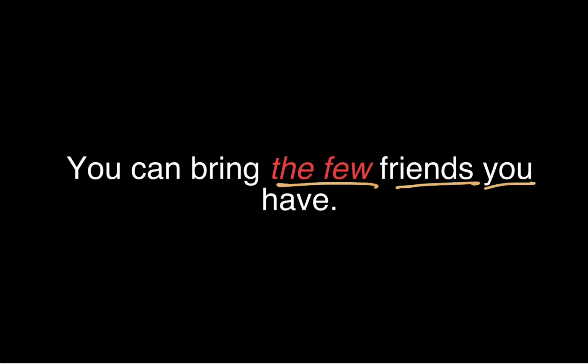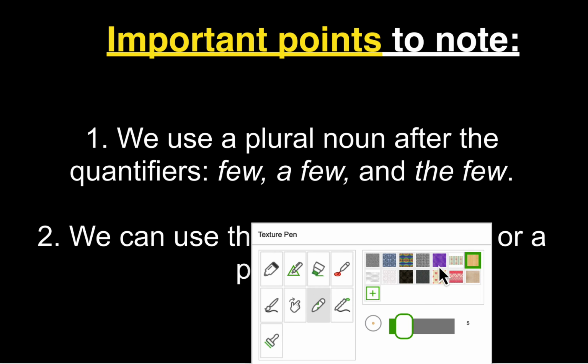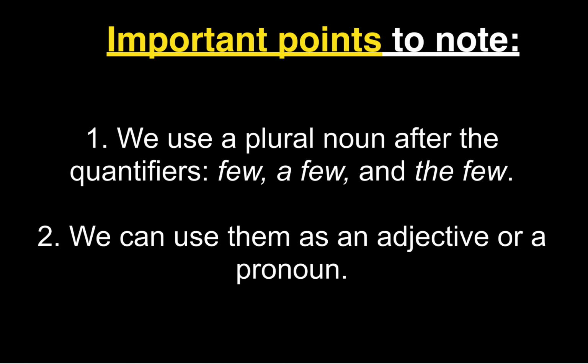All right. Now a couple of important points for you guys to note. We probably already know this, but we'll revise this again. Number one, we use a plural noun after the quantifiers few, a few, and the few.